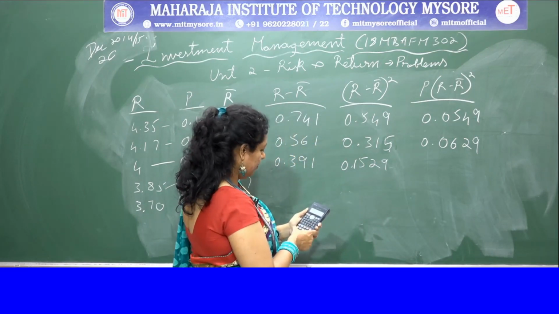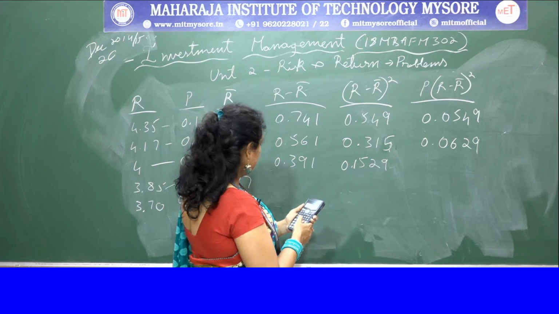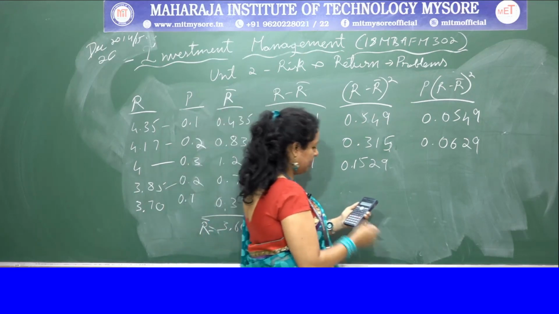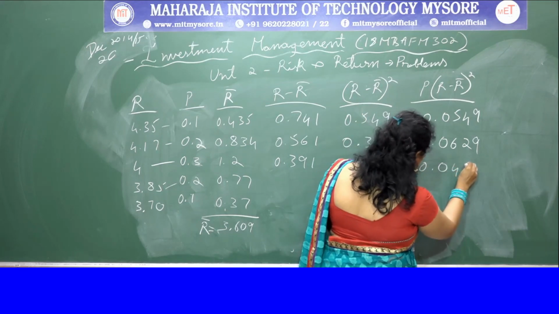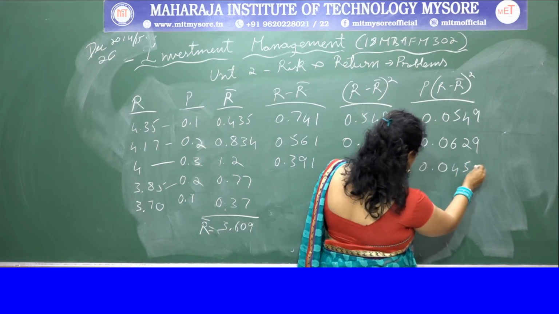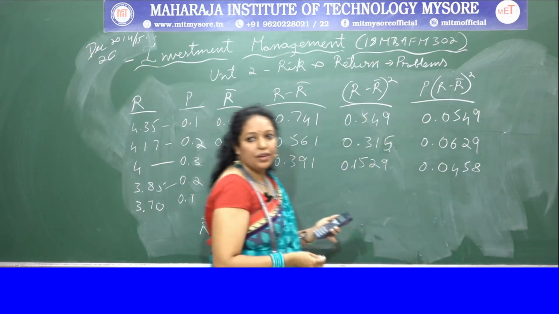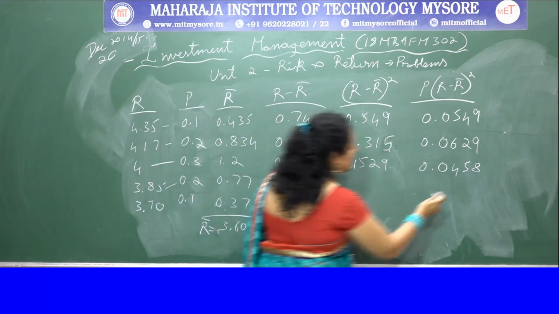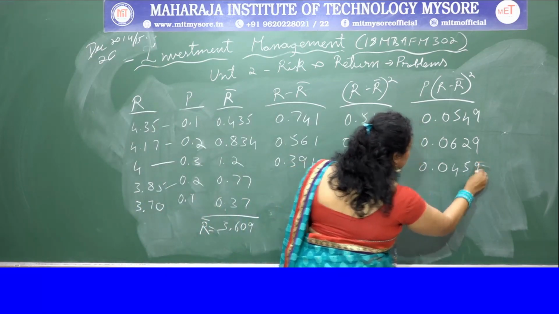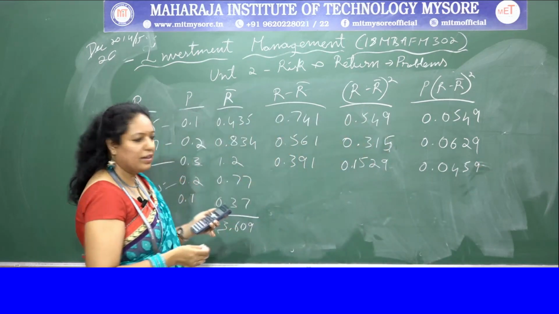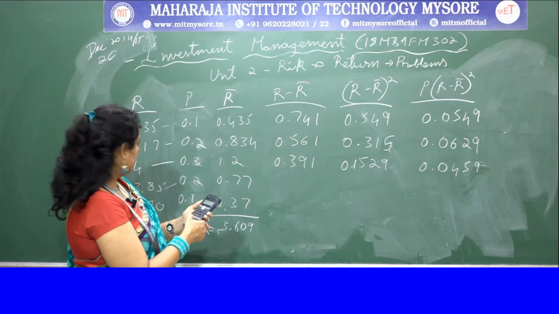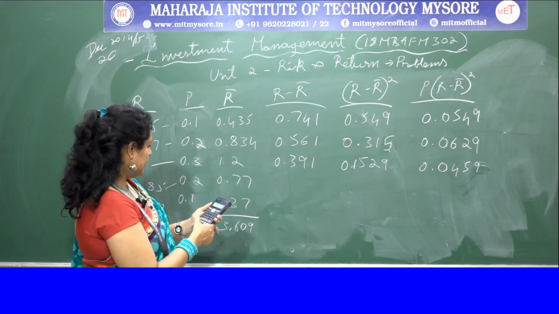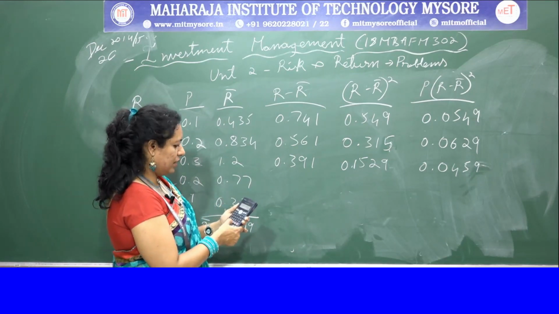0.1529 into 0.3. So I'll put 0.0458, or I'll take 0.0459. Okay, I'll take that. So next is 3.85 minus 3.609.